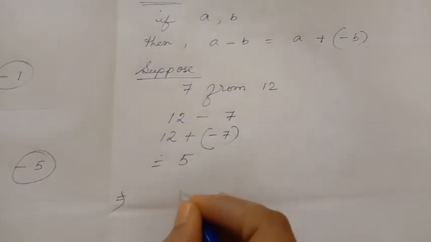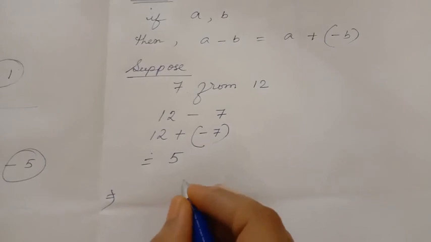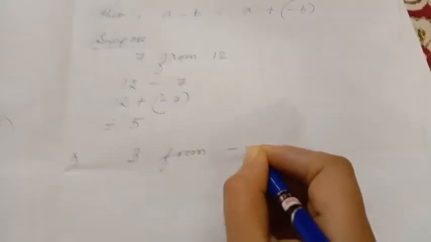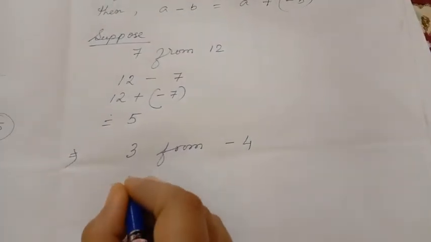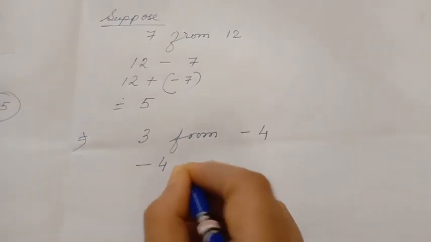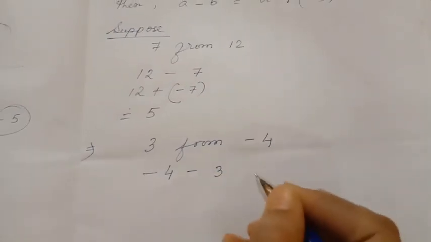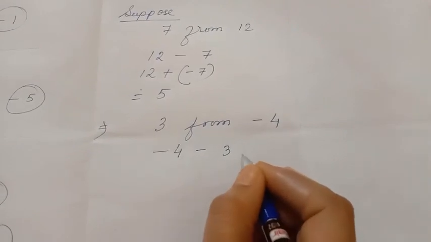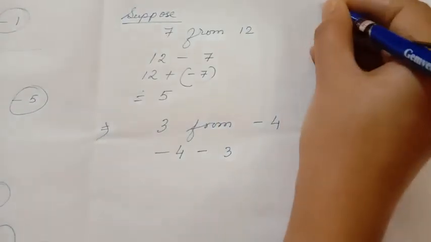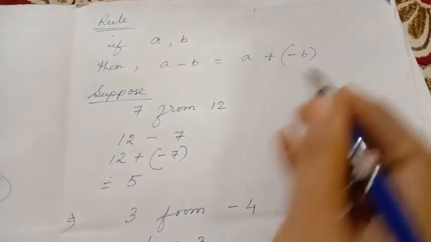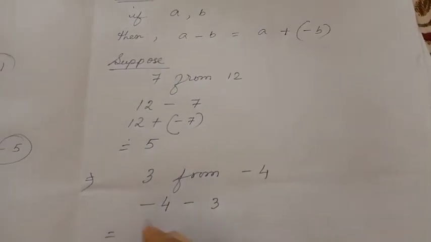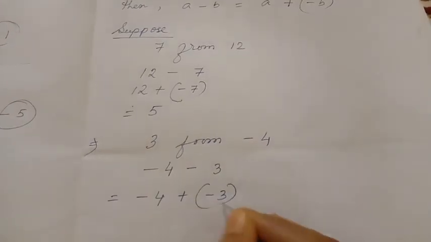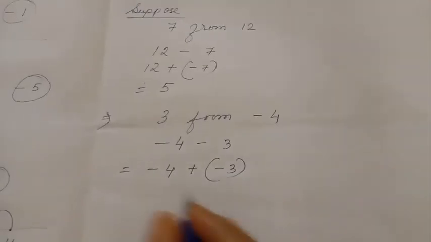Next, one more we can see. Subtract number 3 from -4. So -4 minus 3. Here 4 is a negative integer and 3 is a positive integer. So by applying this rule, -4 plus -3, changing the sign of this integer.